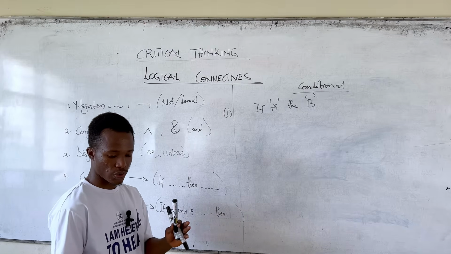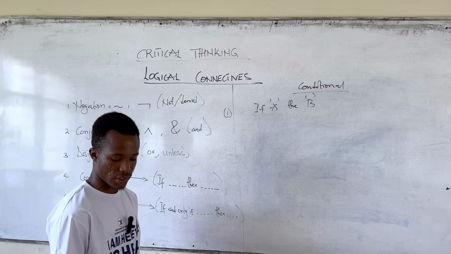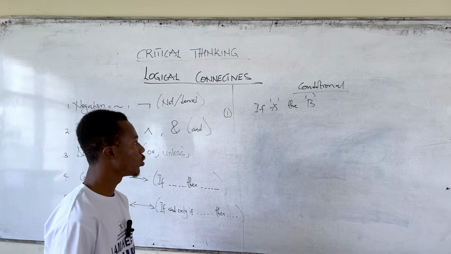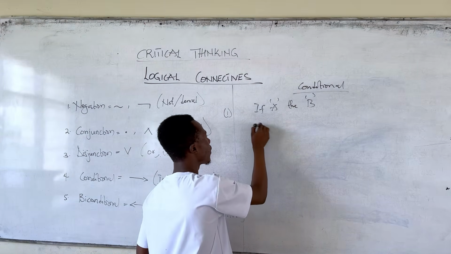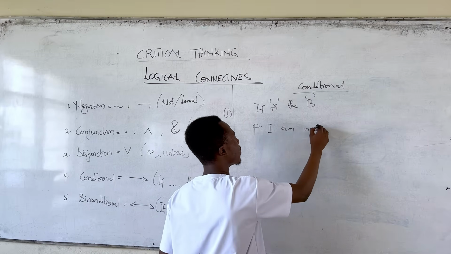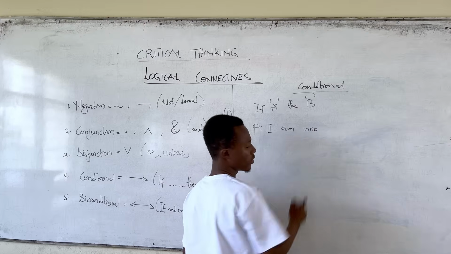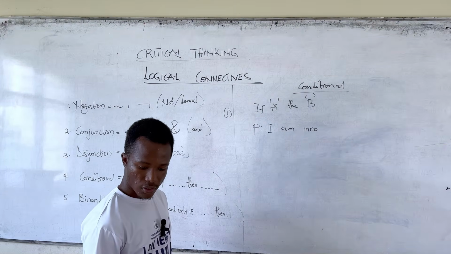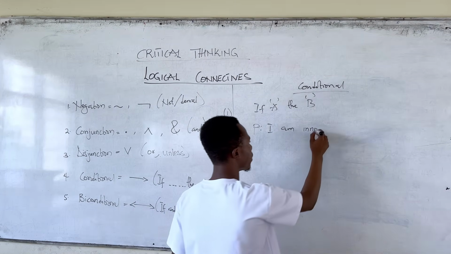Okay, so we are going to use this example to solve for. This is better. So P says I am innocent.